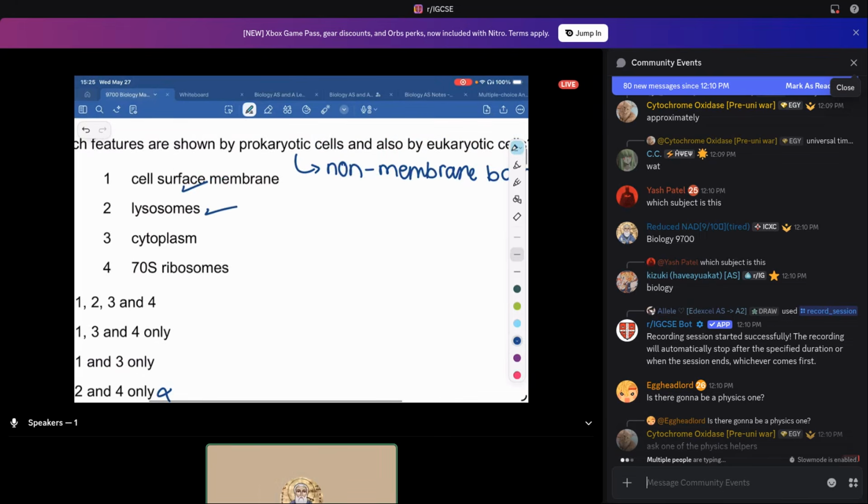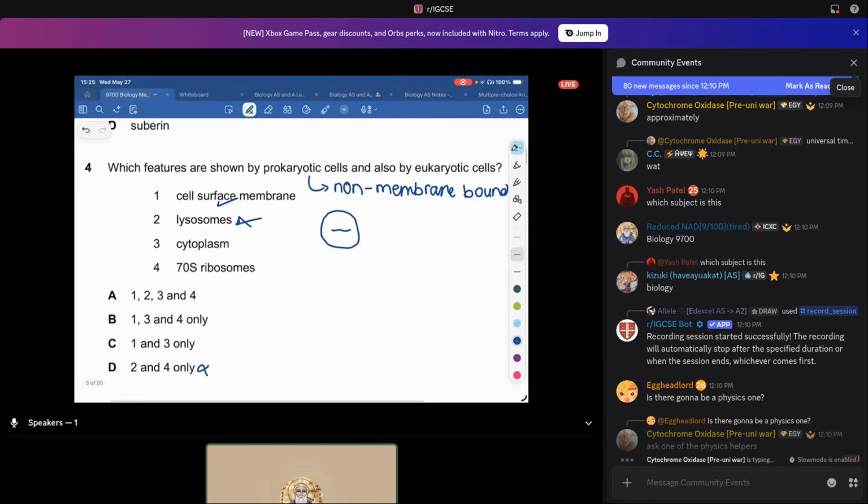D, lysosomes. Now someone may say, oh, lysosomes, of course. And I'm going to say, absolutely not. Lysosomes are membrane-bound organelles. They have a single membrane with the hydrolytic enzymes, so that is automatically wrong, and that eliminates A.